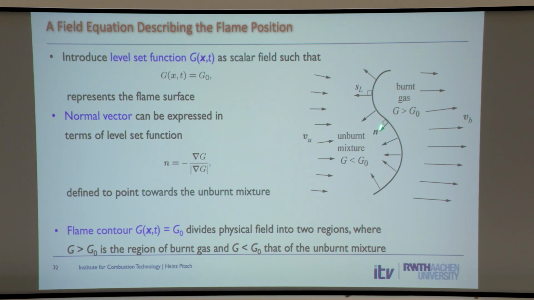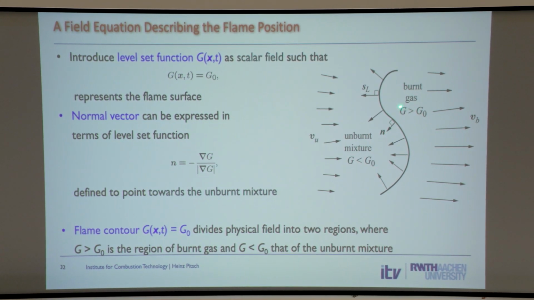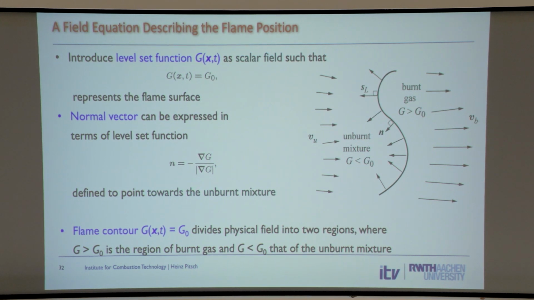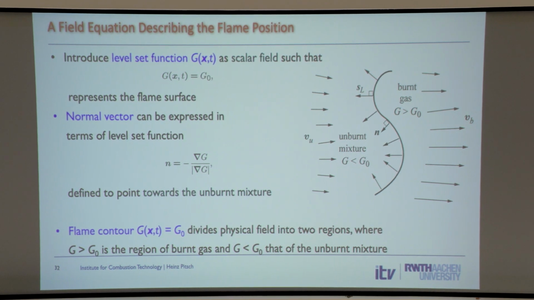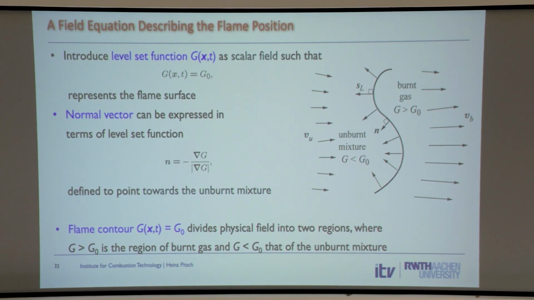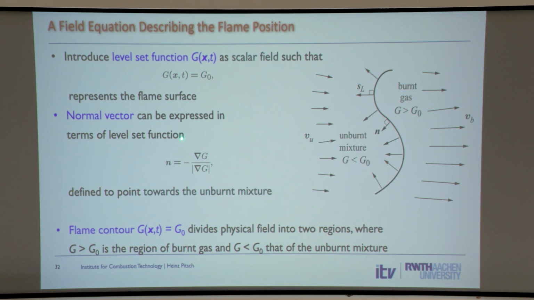The direction of the flame normal is nothing else than the gradient of G. And because the normal vector has to have unit length, we divide by the magnitude of the gradient of G, and then this is normalized to have unit length, right?